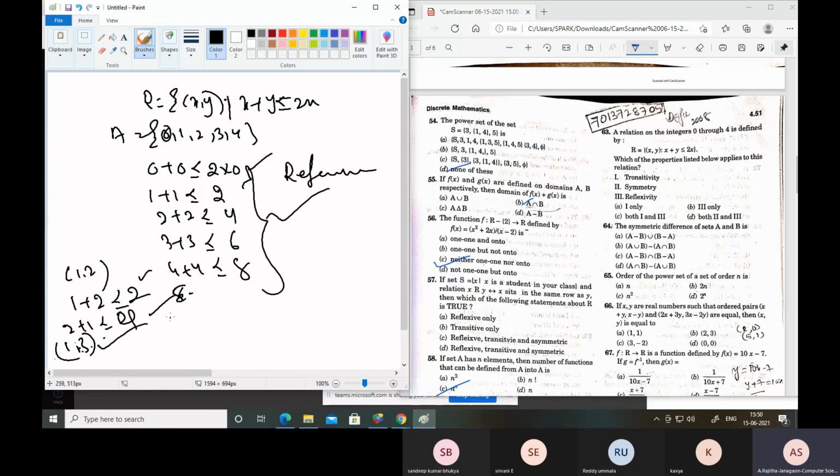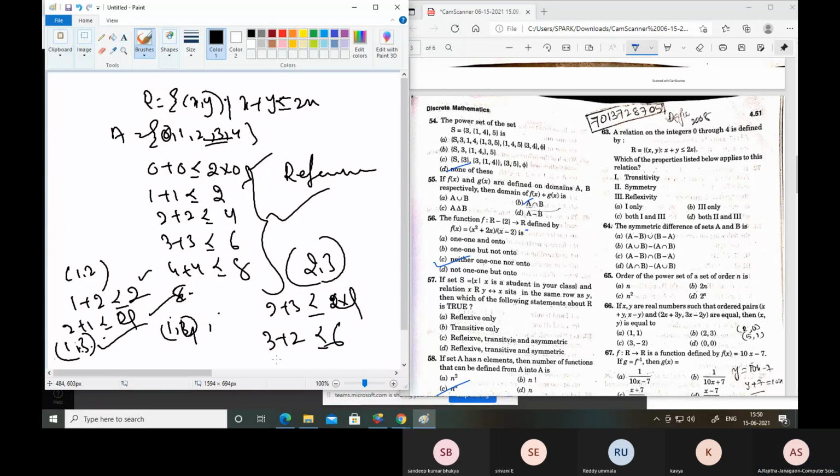And coming to the next, suppose 1 comma 3 and 1 comma 4. Let me check. Suppose 2 comma 3 is there. In this case 2 plus 3 less than or equal to what? 2 into x, that is 4. And 3 plus 2, this is 5, less than or equal to 2 into 3, 6. Like that, you check all possibilities.